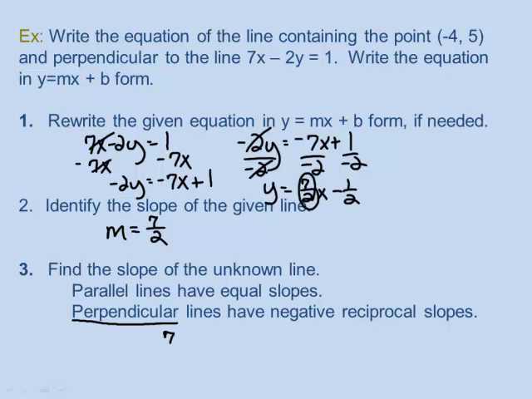So the slope of our given line is 7/2. We're first going to find the reciprocal of that, which just means flip it over. So that gives us 2/7. And then if we take the negative of that, which simply means change the sign, we're going to have a slope of -2/7 for our unknown line.